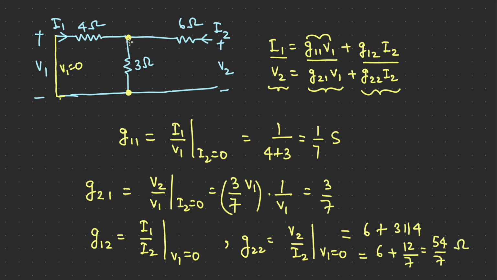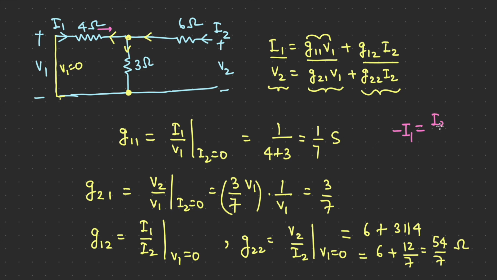Now next is the current ratio, I1 and I2 ratio. So I can find I1 in terms of I2. I2 is incoming here, dividing in two parts, 4 and 3 ohm. Here I1 is opposite to this, so I can write minus I1 is equal to I2 dividing in two parts.